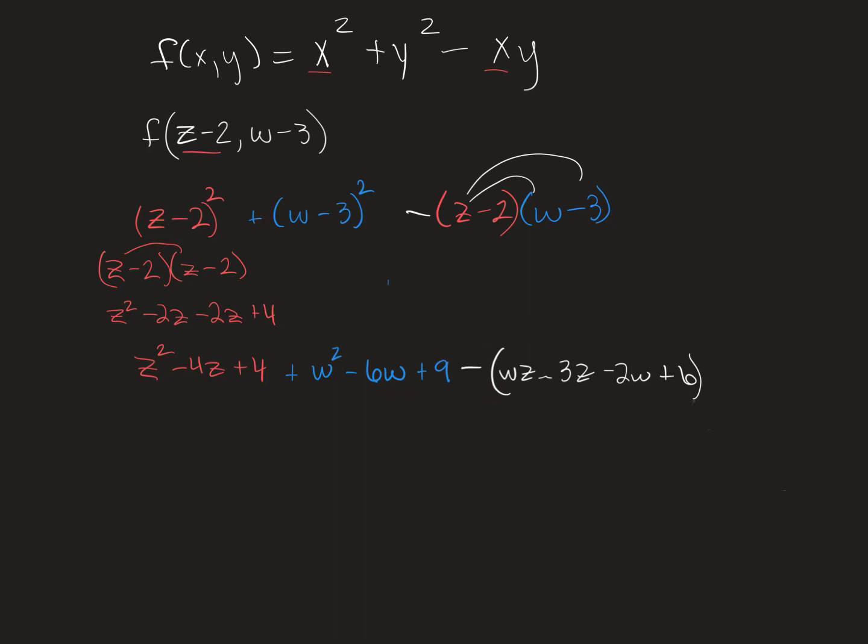I'm going to do that before we start trying to combine any like terms. So it becomes a minus wz, a plus 3z, a plus 2w, and a minus 6. Now I'm just going to bring everything else down.